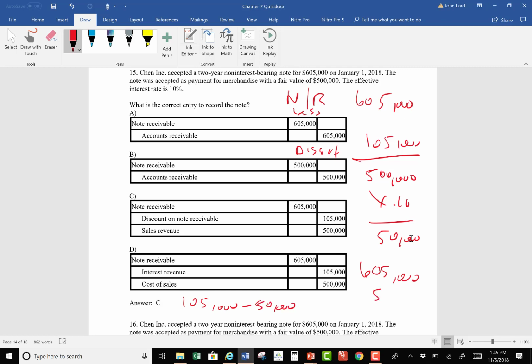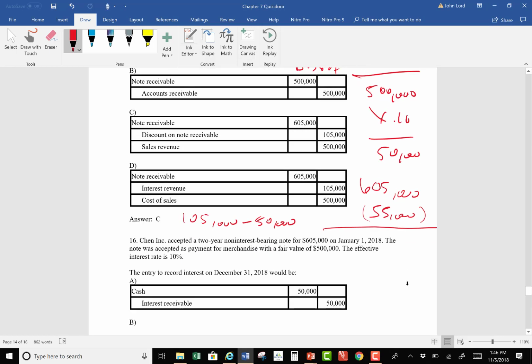That leaves us 55,000 as the discount on that note. So for year 2, the carrying amount of the note is 605 minus 55,000. What are we getting there? 605 minus 55 is 550,000.